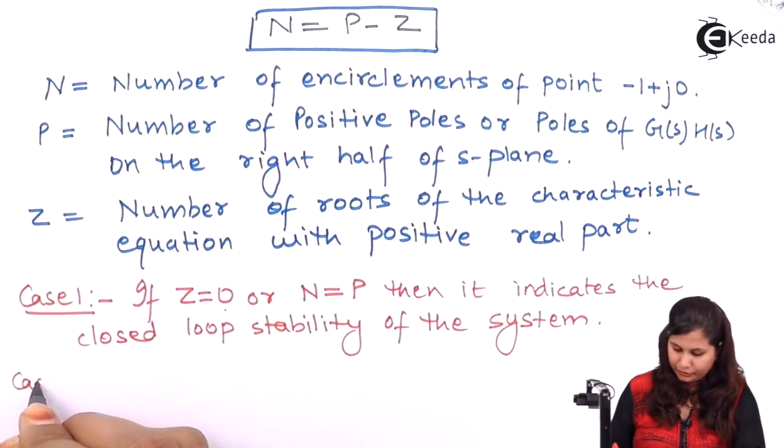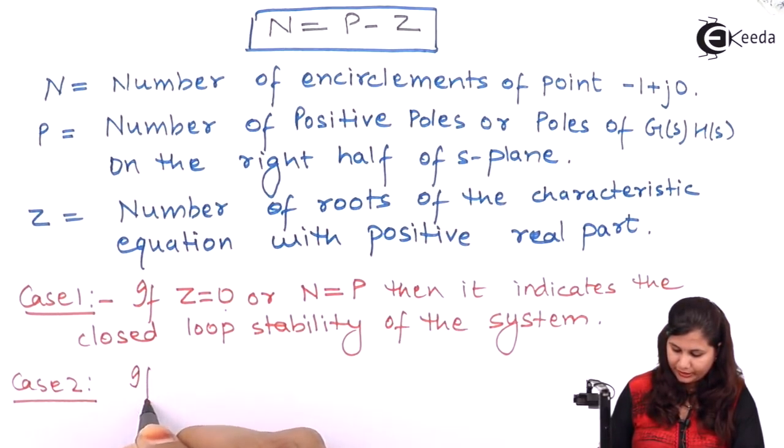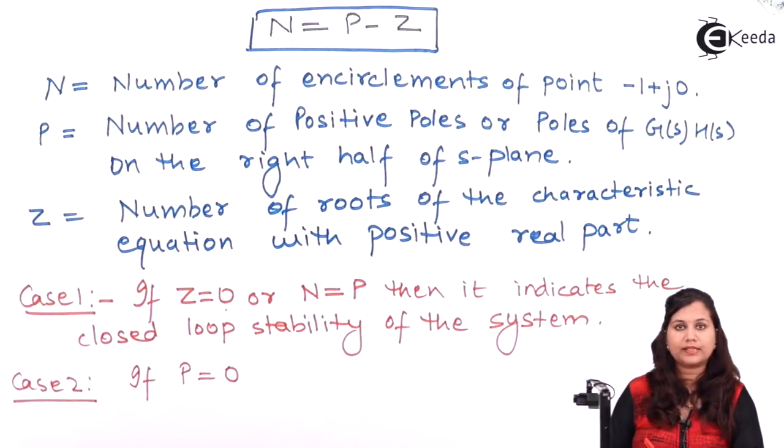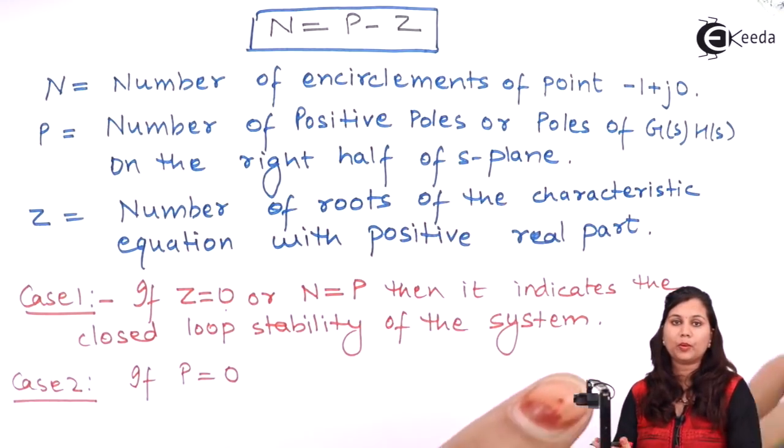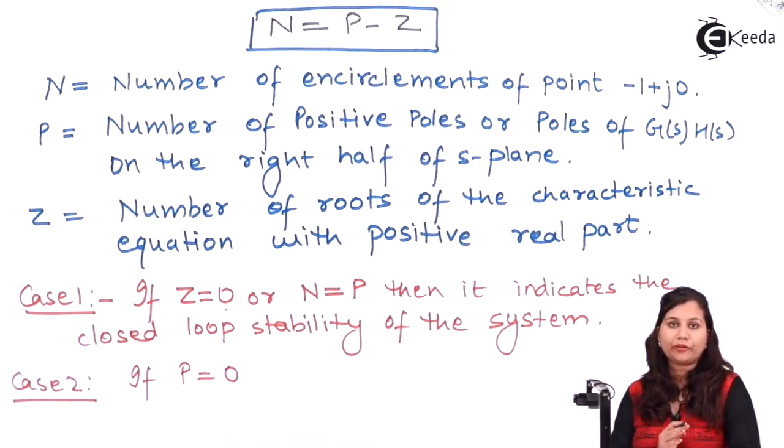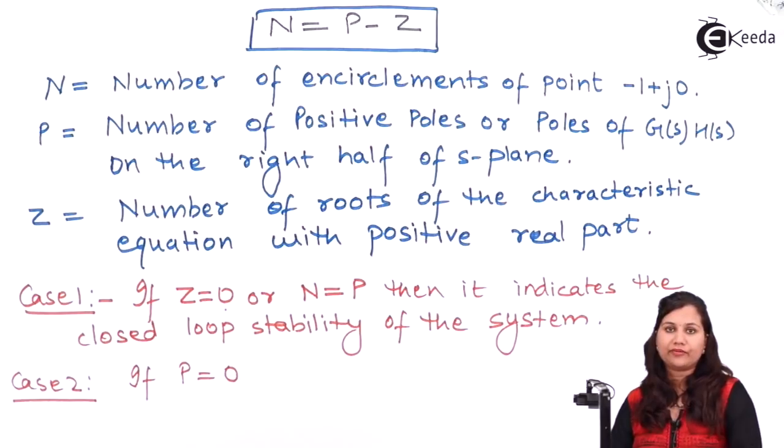Now case number 2. Case number 2 is when P is equal to 0. That is, the system has no positive poles. All the poles are lying on the left half of the S-plane and have negative real part.